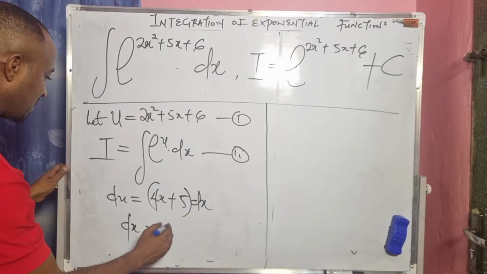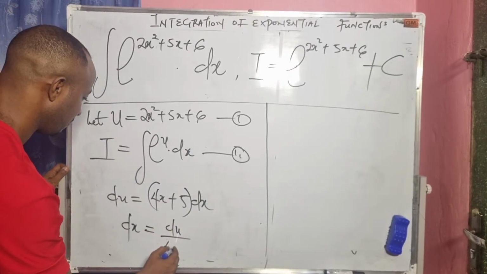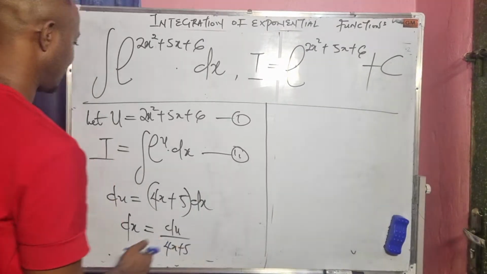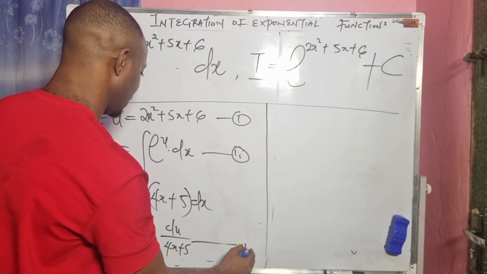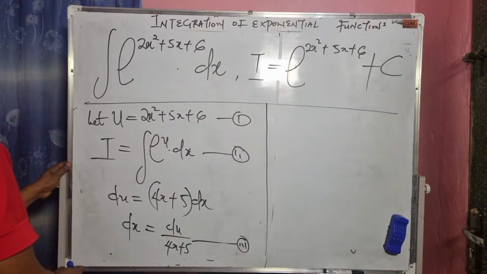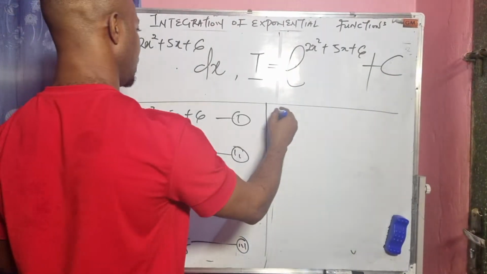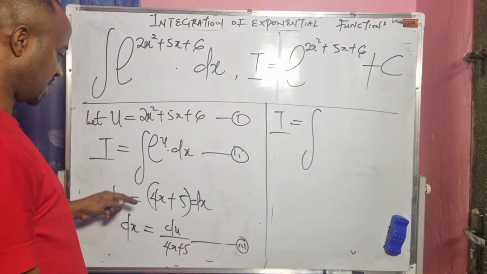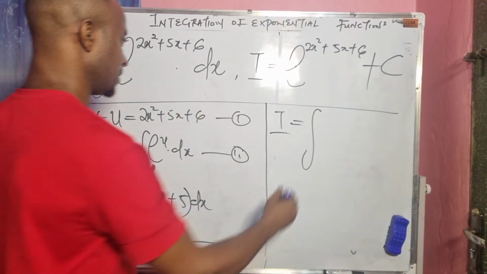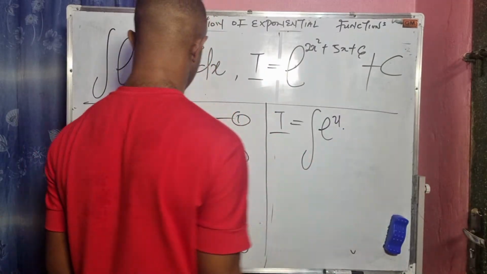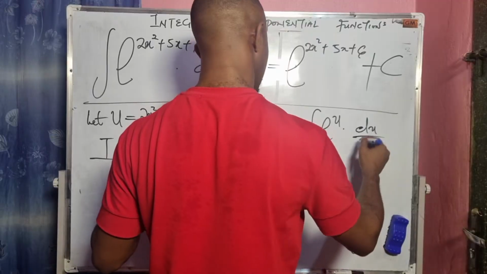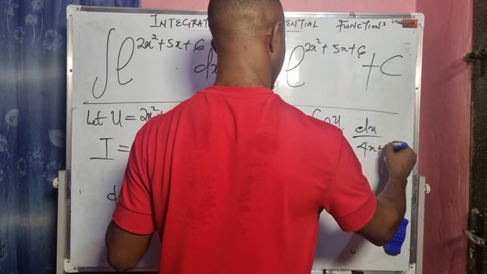That will give us du over 4x plus 5. This is equation 3. By the time we put this back in equation 2, we'll have I equals integral of e to the power of u, and our dx is du over 4x plus 5.